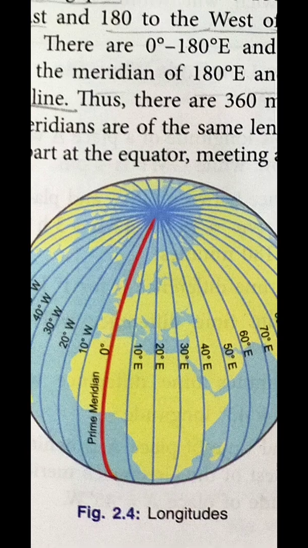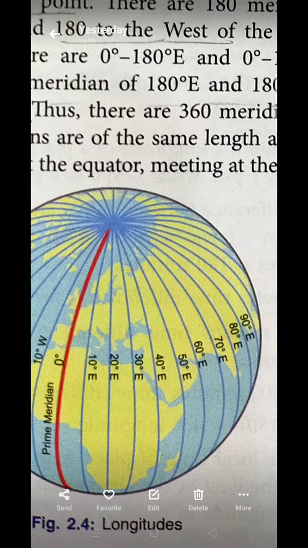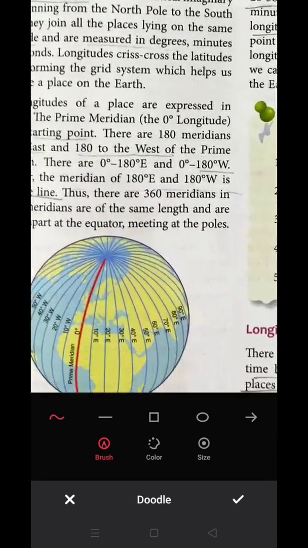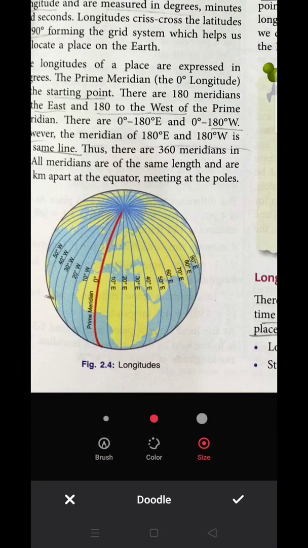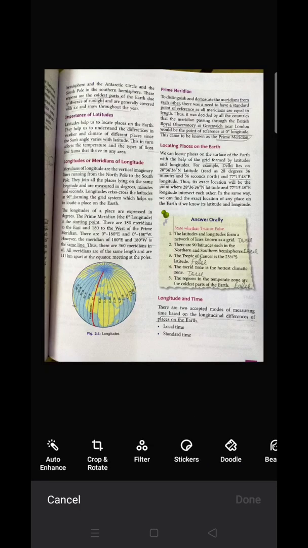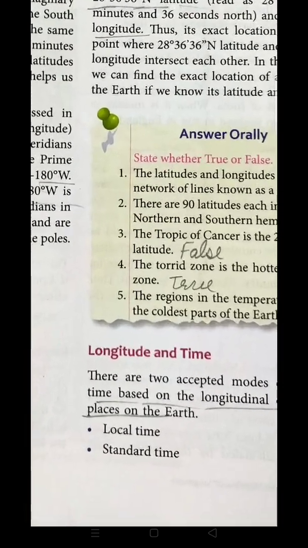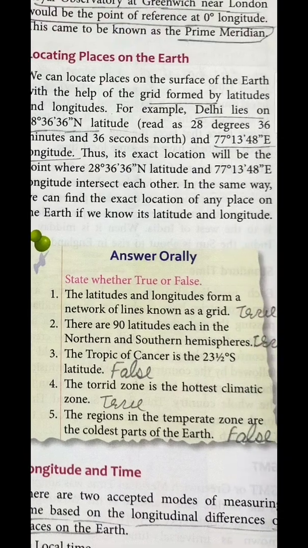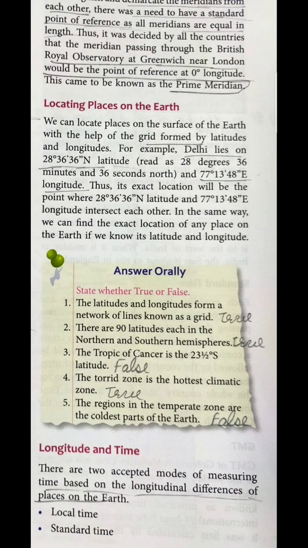Why are we using these latitude and longitude lines? When you check, these are the latitude lines, and if I draw the latitude lines and longitude lines here, they start intersecting each other. At the points where they intersect, we come to know about the places located on the earth. The grid formed by both latitude and longitude helps us find places on the earth.